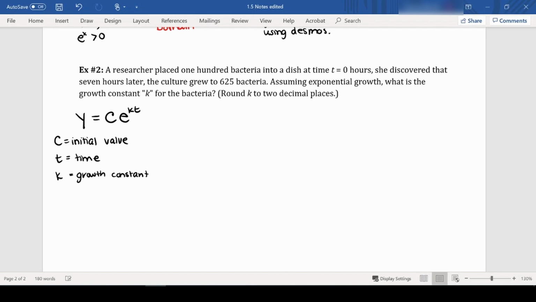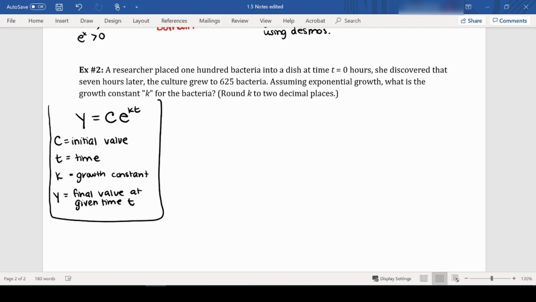And Y is going to be your final value at the given time T. Okay. So this is going to be something that you are going to see later in the course quite a bit, especially if you're doing the AP portion. All right. So let's try this question.